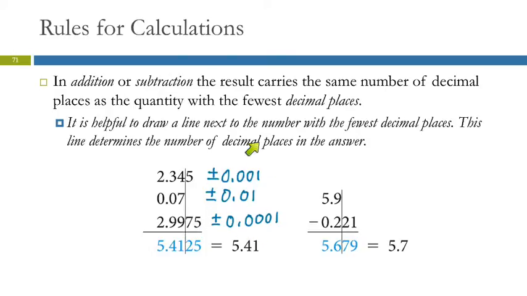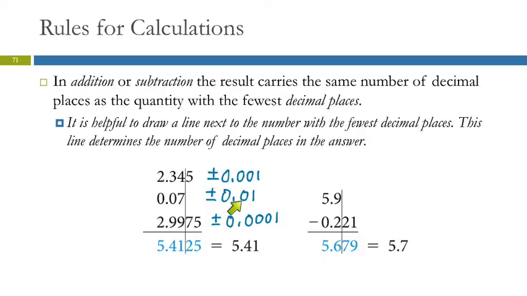So if we look at these, which of these has the biggest uncertainty? 0.01 is larger than 0.001. 0.01 is larger than 0.0001. This is a bigger uncertainty. And so I don't want to express this answer and say, well, just because I added them, that I know that this is to plus or minus 0.0001, because that would be misleading.